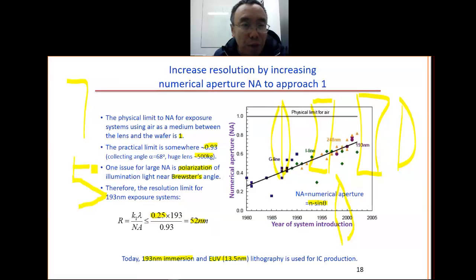For 7 nanometer we use 193 nanometer wavelength. But actually, here the node is no longer a physical value. It's more of a marketing value.